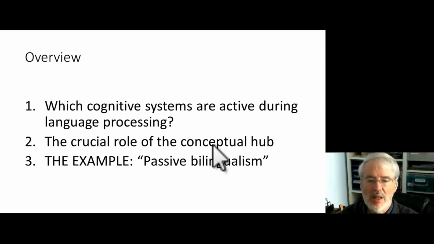And then we'll end up actually with two examples. The first will be an illustrative example of how to describe goal-driven behavior, and the final example will be, as I say, passive bilingualism, which is something which happens when you have more than one language, but one of the languages that you have, and if you're a bilingual it'll just be two, one of the languages that you have you use to understand, but you don't actually use it productively to speak and write.